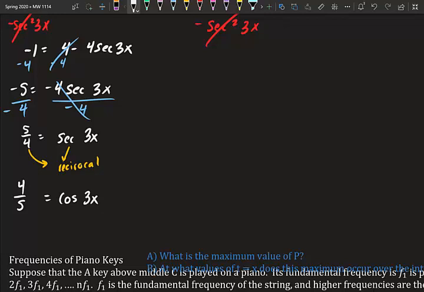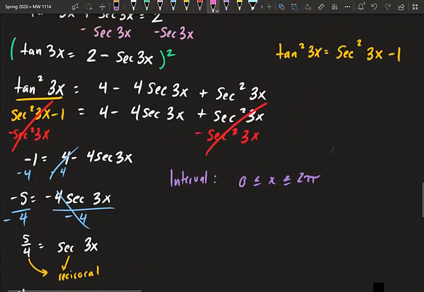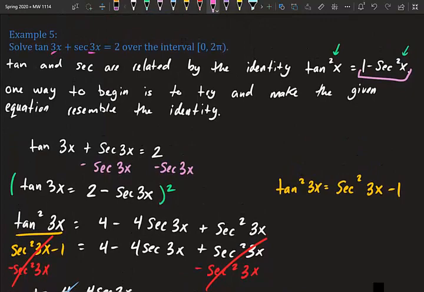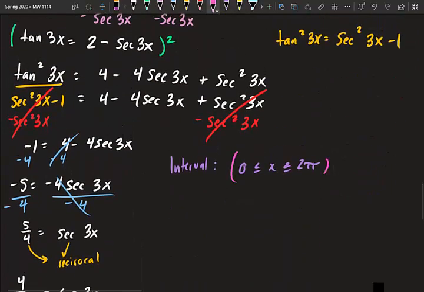So let's go ahead and find the interval. Our interval that we're given is 0 to 2 pi. But we're not working with just x, right? We weren't. We're working with 3x. So we need to multiply it by 3 to get our actual interval.